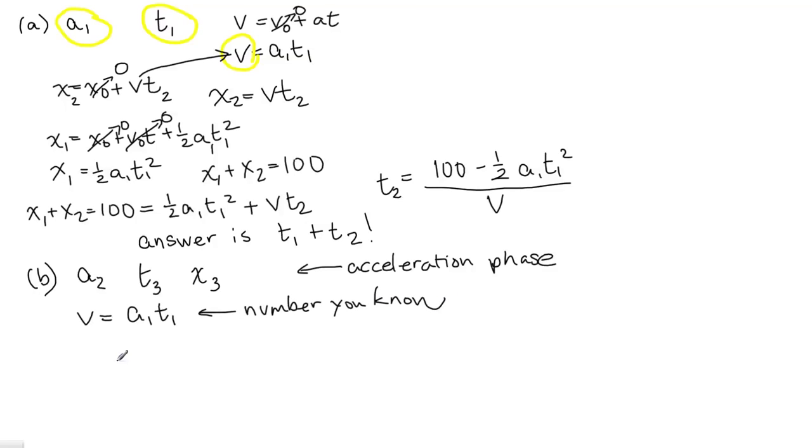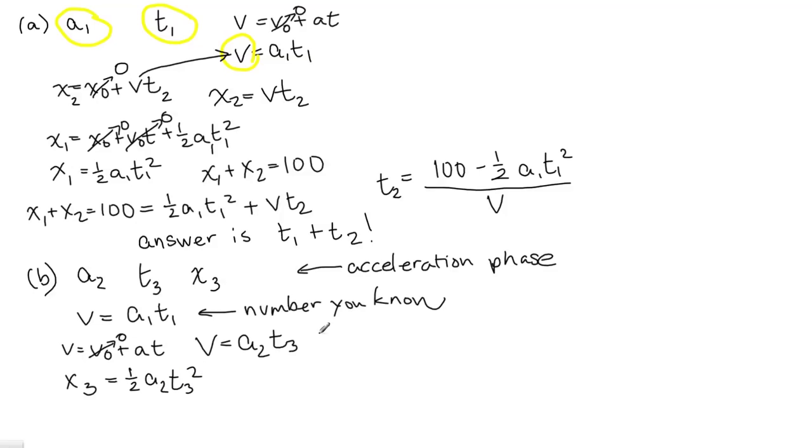Because v equals v naught plus at in general, and in the acceleration phase we start from v naught equals 0, this v is going to be a2 times t3. Now x3, just like x1 was 1/2 a1 t1 squared, is going to be 1/2 a2 t3 squared.